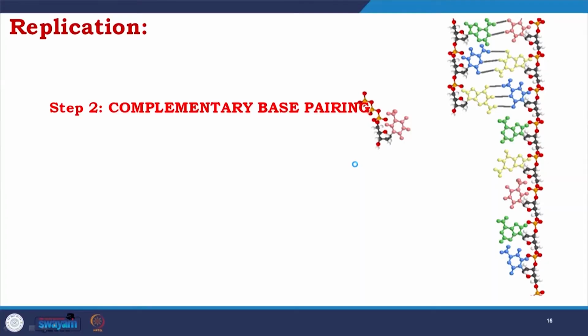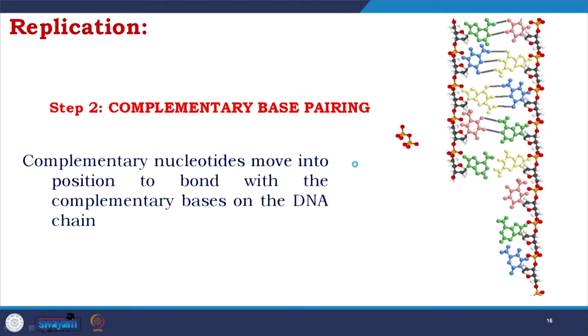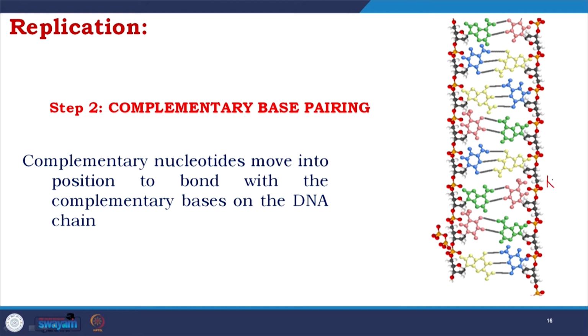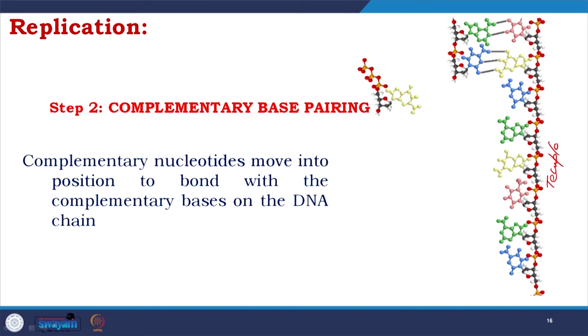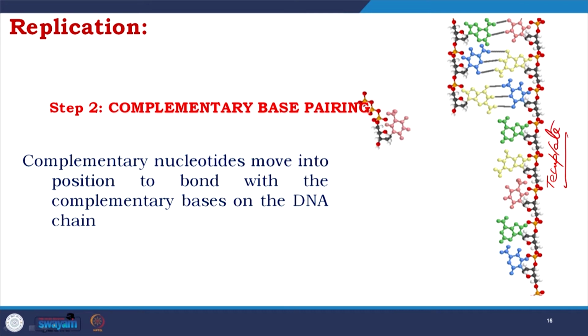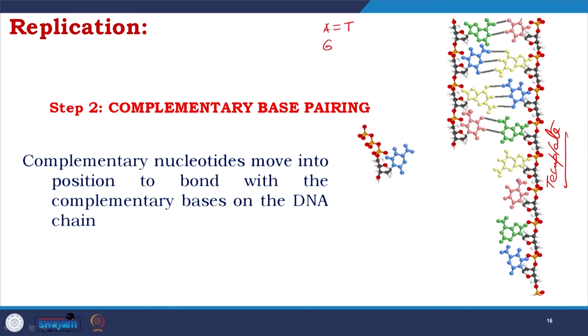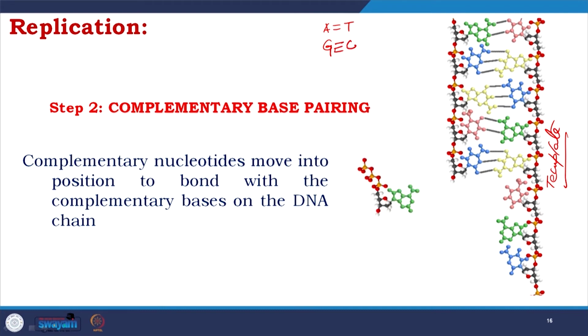Second is complementary base pairing. So, in complementary base pairing, the complementary nucleotides move into position to bond with the complementary bases on the DNA chain. So, you see that this is the template strand and the bases are coming according to it: if there is an A it is T, if there is a G it is C, and vice versa.